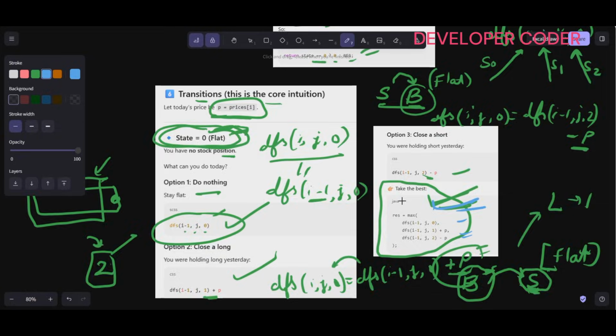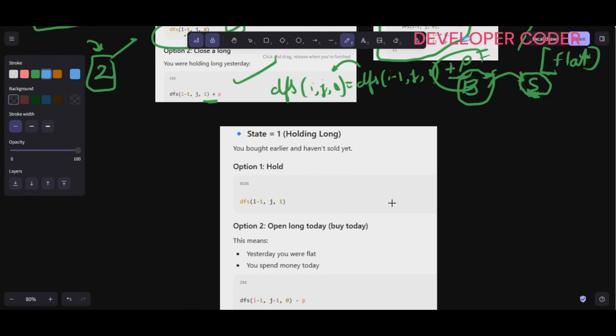Done. Now here, this is state 1. When you move to state 1, holding long, right? So tell me, you want to move to the holding long state from the previous state. So how can you reach it? Maybe here at this position also you hold, and here you do nothing, right?